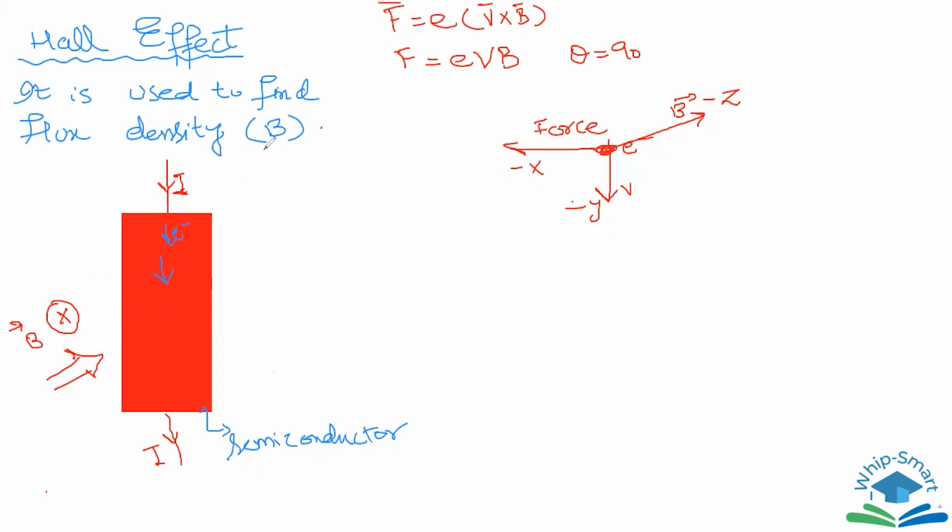So when the magnetic field is inwards, these particles will experience a force according to the formula F equals Q or E into V cross B. As both velocity and magnetic field are perpendicular to each other, the force will be maximum, and we get F equals E, V and B. By using the left hand rule, we can find the direction of force.